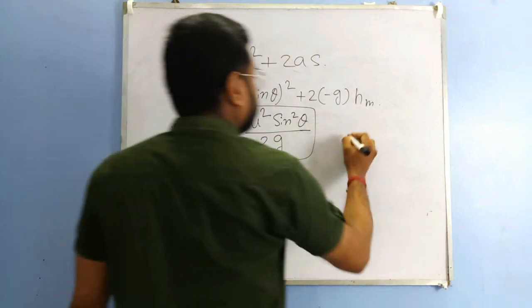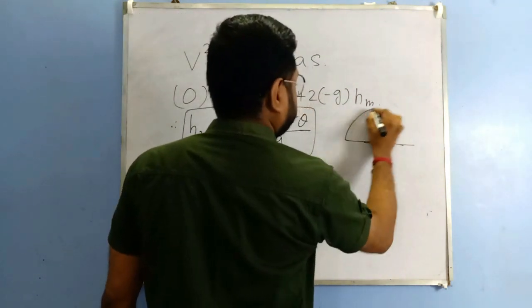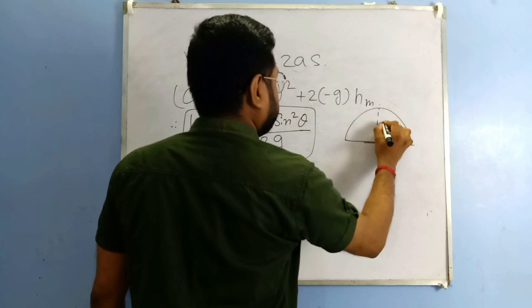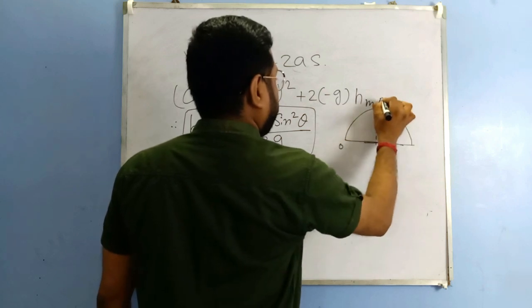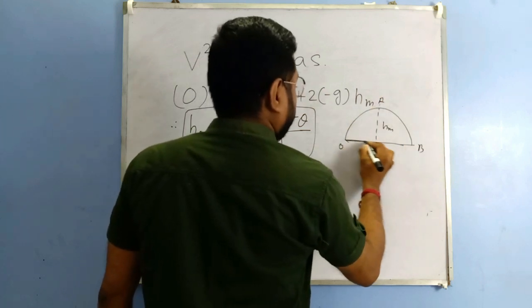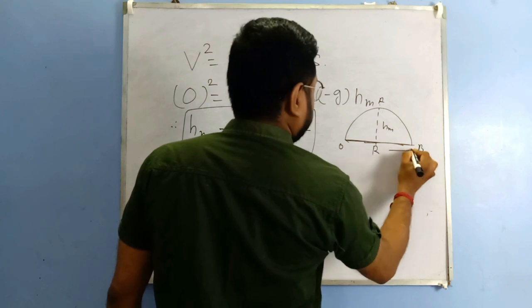Now we find out the horizontal range. This is the maximum height hm, O, A, B, and we can find out the horizontal range.